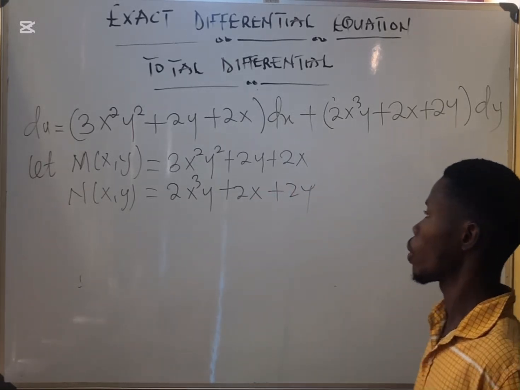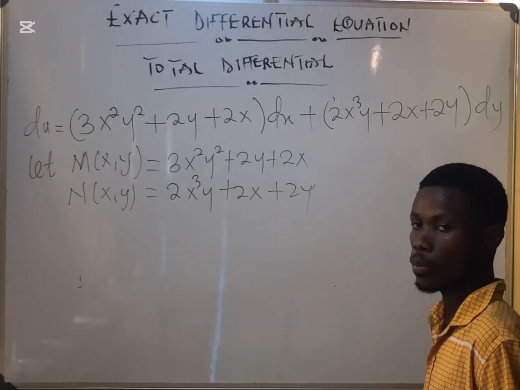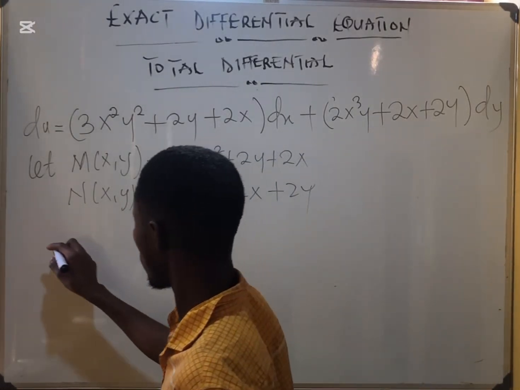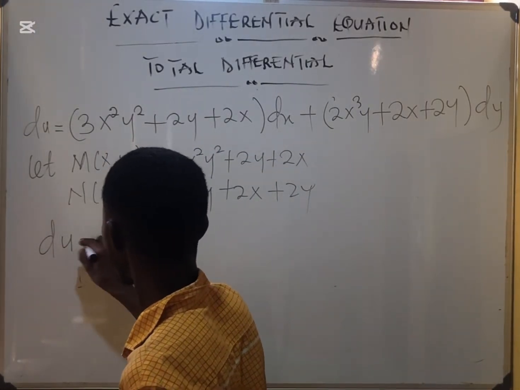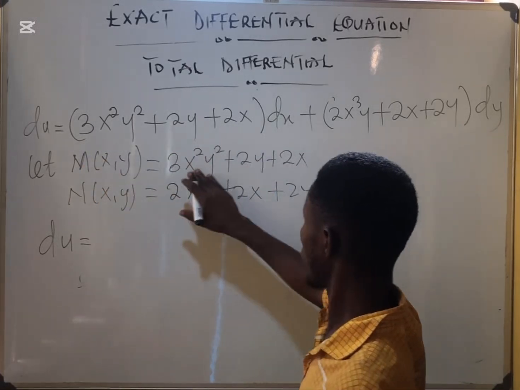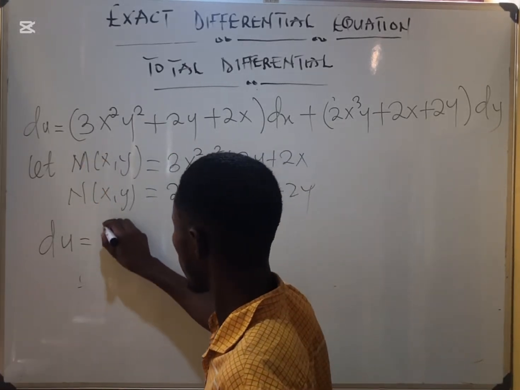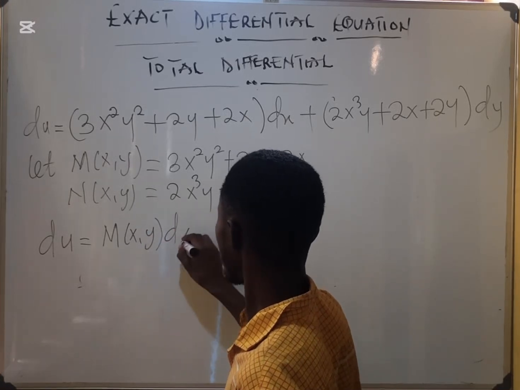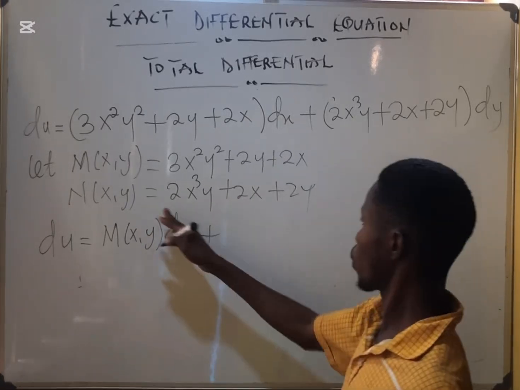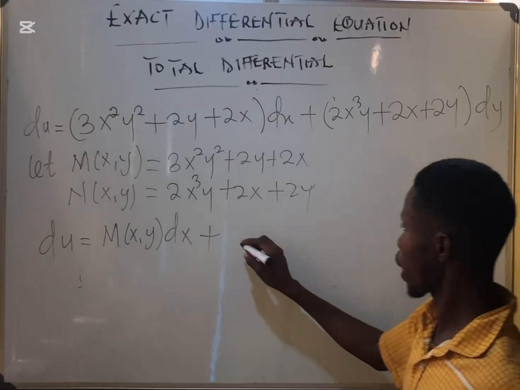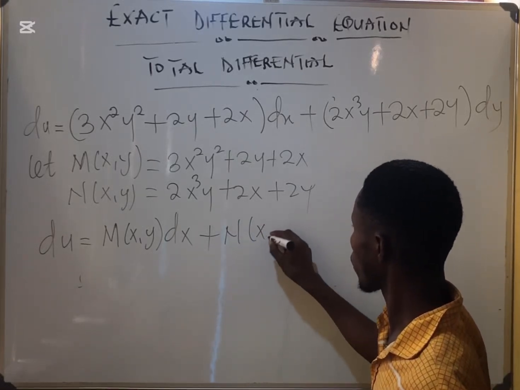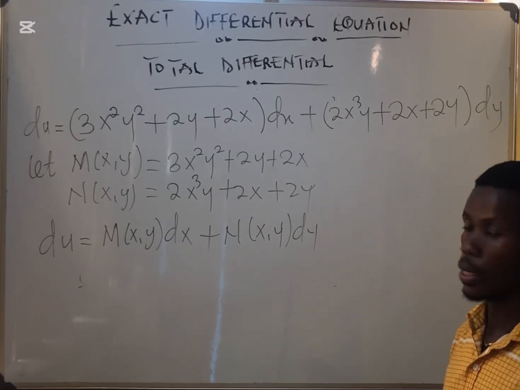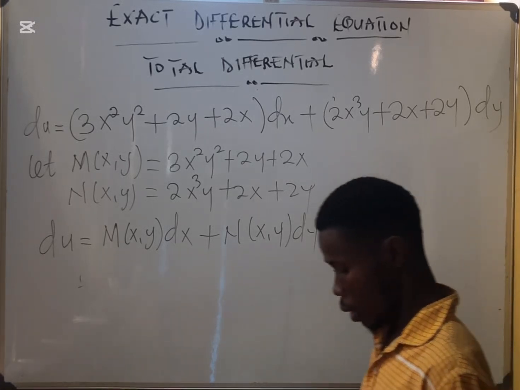Okay, now when we have something like this, you can conclude that my du equals, now the whole of this is m in terms of x and y, dx, and the whole of this one is now n in terms of x and y, dy. Have you seen it? Very good.